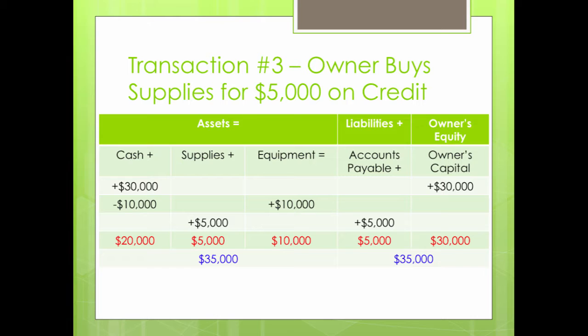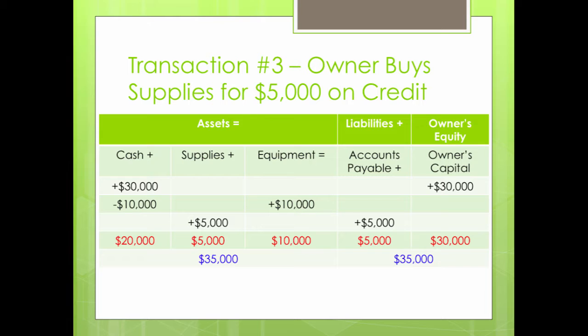So the next question that you need to ask yourself is, is there another component that this event affects within the accounting equation? Well, to answer this question, the owner is buying supplies on credit. Credit is another key word here.